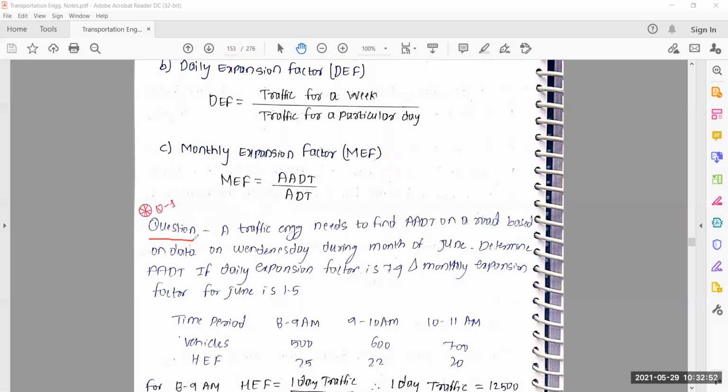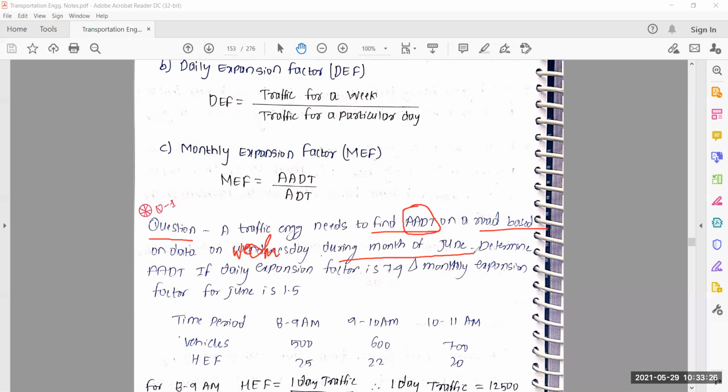What does the question say? A traffic engineer needs to find AADT, that means annual average daily traffic, on a road based on data on Wednesday during the month of June.